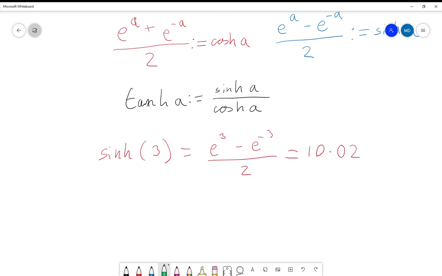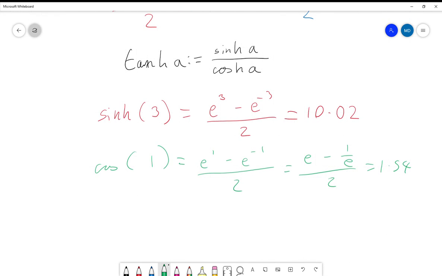So we can put cosh of 1. What would that be? Well, it would be e to the 1 plus e to the minus 1 over 2. You could write that as e plus 1 over e, over 2. However you put it, you're going to end up with about 1.54 to 2 decimal places.